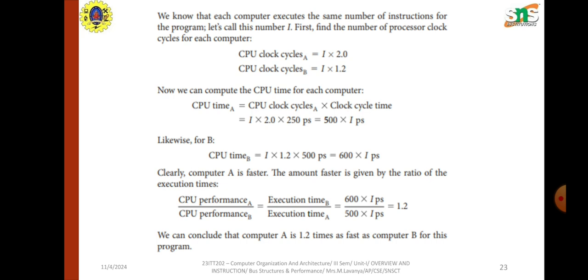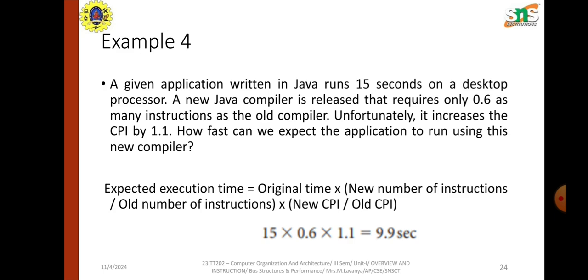So we came to the conclusion that system A is 1.2 times faster than system B for executing this program, in which we don't know the number of instructions used for execution of this program. So it is generally 1.2 times faster for executing this specific program.